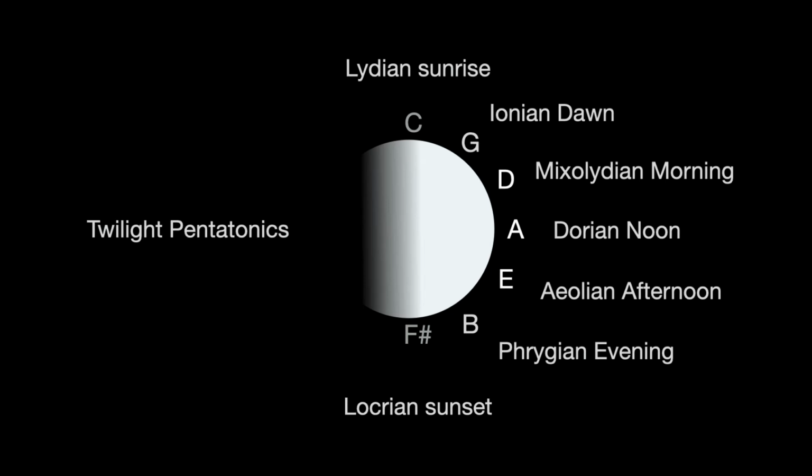I think of it like a Lydian sunrise all the way through the day to a Locrian sunset. In the middle there's this Dorian noon, and Dorian is a palindromic scale, so this fits beautifully. On the dark side of the moon, incidentally, are our 5 twilight pentatonics.